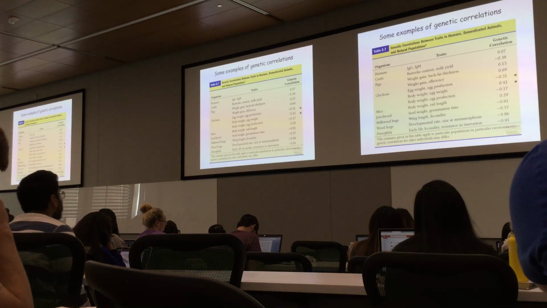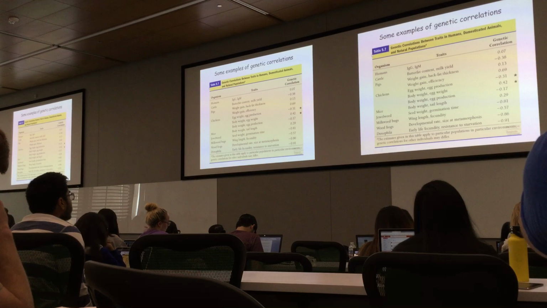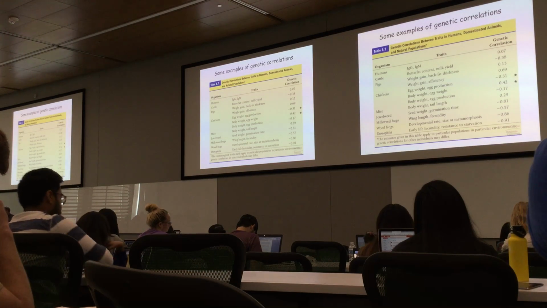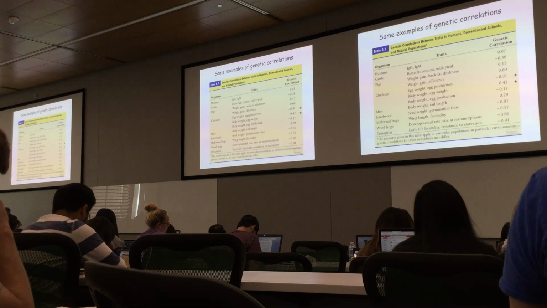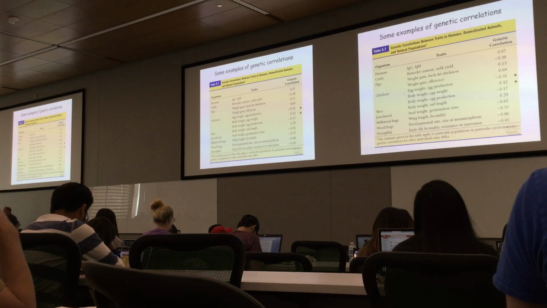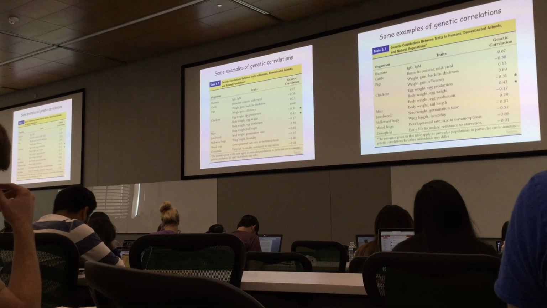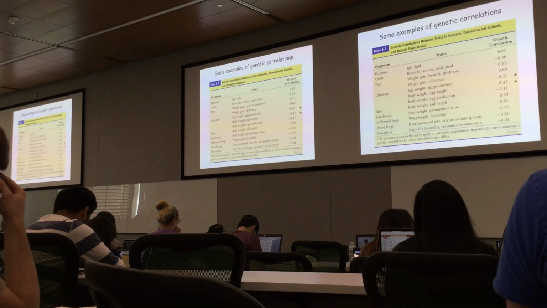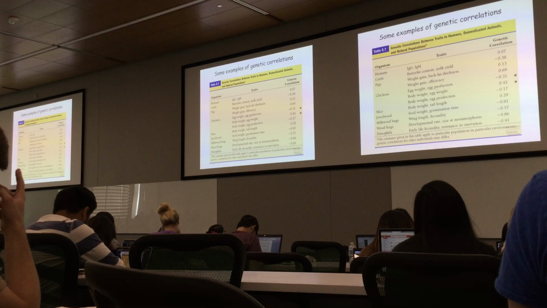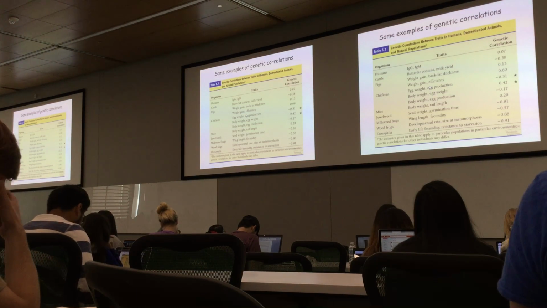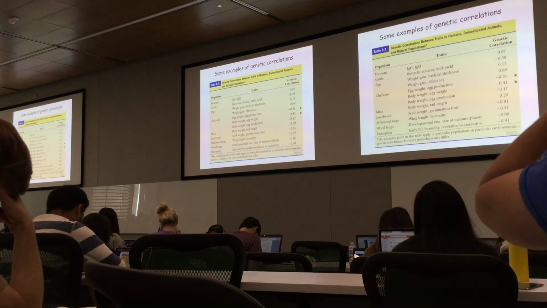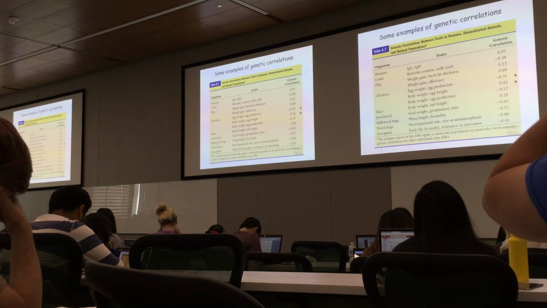Okay, so some examples of genetic correlations. Again, another table with lots of data from the book, but in chickens, egg weight, egg production, kind of makes sense. The idea is if egg weight goes up, there's another trait, egg production, which is falling. Okay, so those are negatively correlated with one another. And so they may have the same genetic basis, or they may not, but they're correlations that maybe deserve investigation.